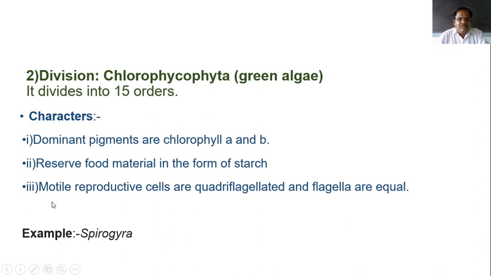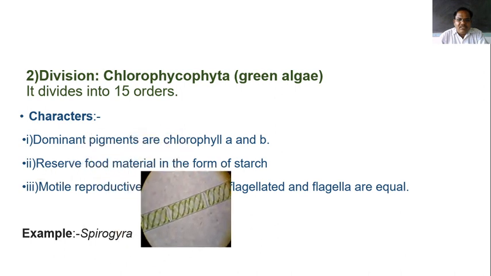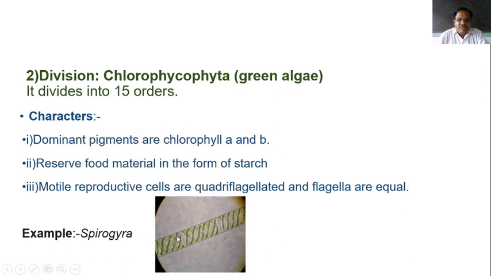The motile reproductive cells are quadriflagellate, meaning the reproductive cells have 4 flagella, which are equal in size, 2 whiplash type and 2 tinsel type. An example of this green algae, Chlorophycophyta, is Spirogyra. It has a spiral shaped body with a ribbon shaped chloroplast.